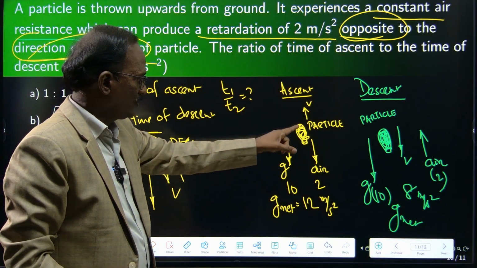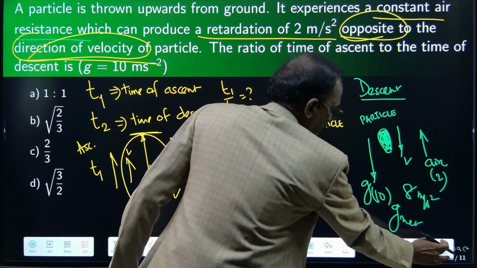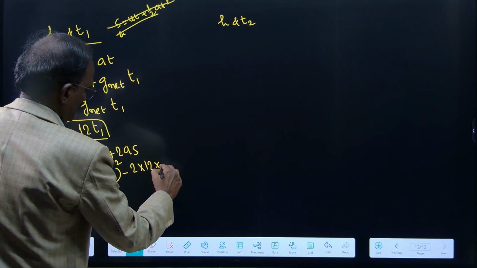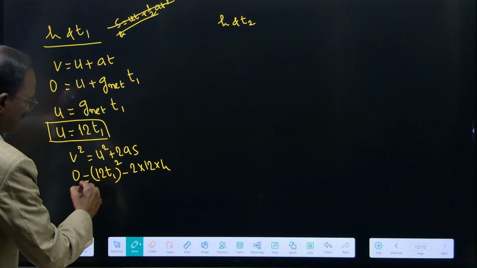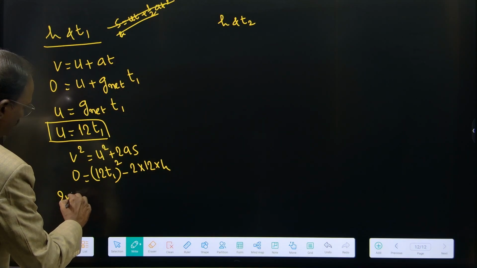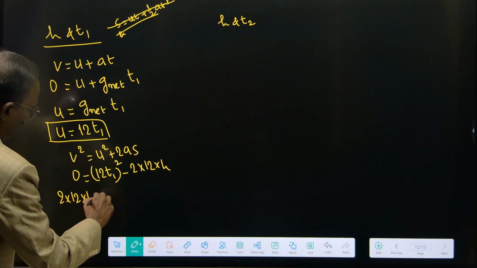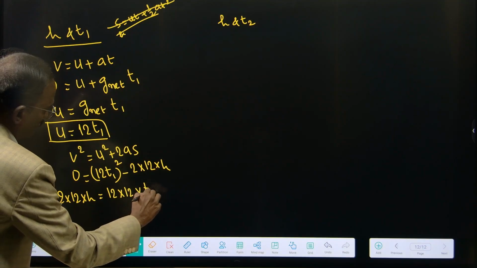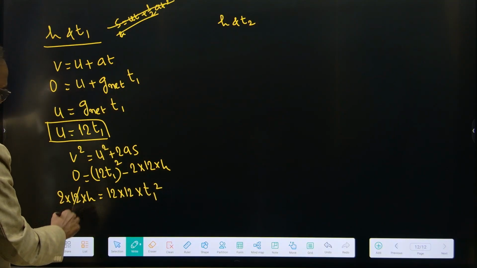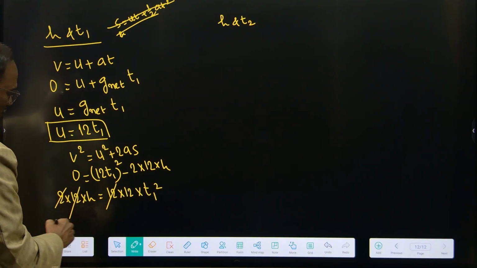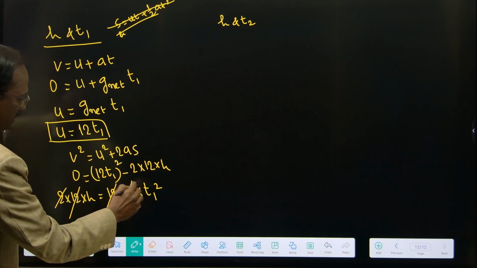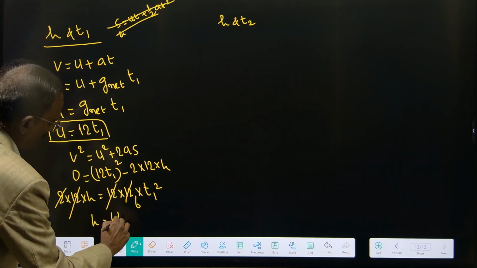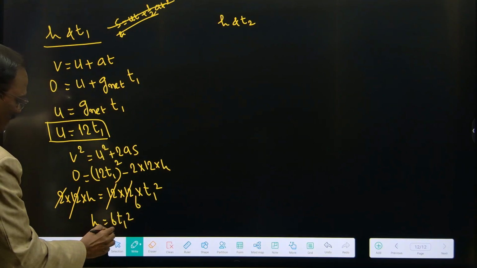G downwards, air downwards, so 12 will be minus 12. So 2 into 12 into H is equal to 12 into 12 into T1 square. Cancelling, 2 and 6, so H is equal to 6 T1 square.